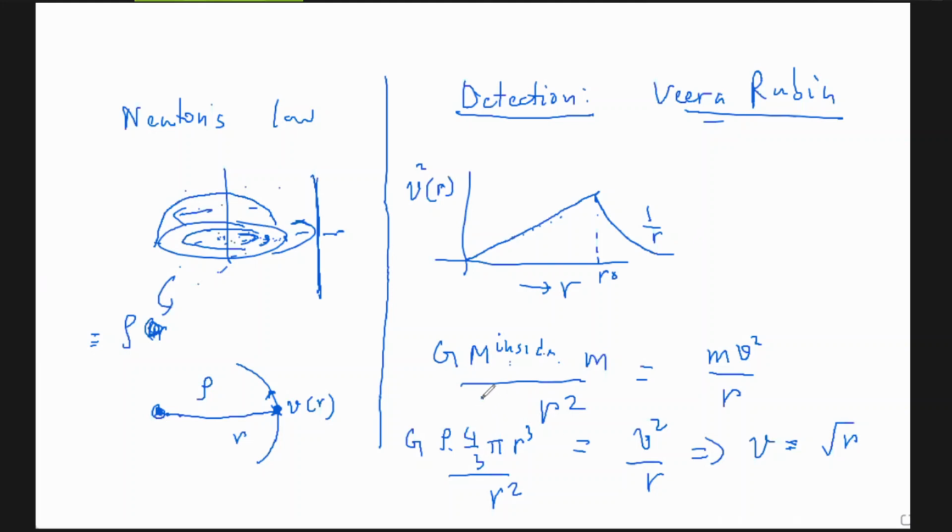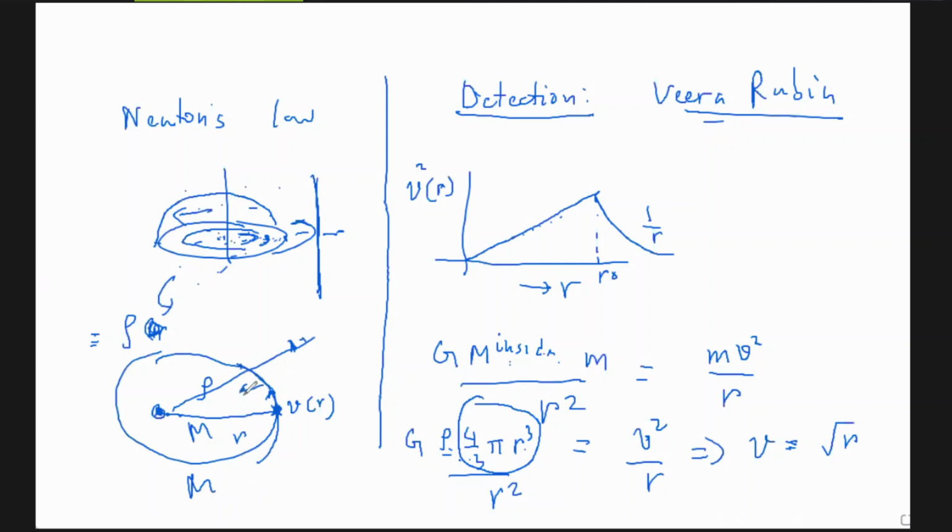Because this term, 4/3 pi R cube times rho, will not depend on R anymore, because even if you go away from the galaxy, what matters is the mass enclosed by the galaxy, M. So M is a constant number, 4/3 pi R cube rho.